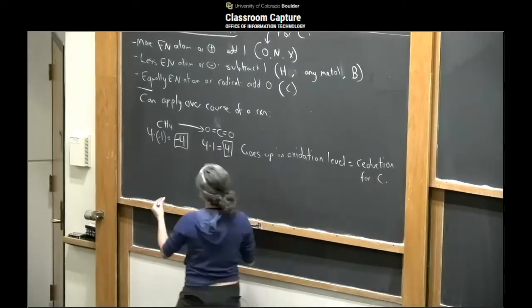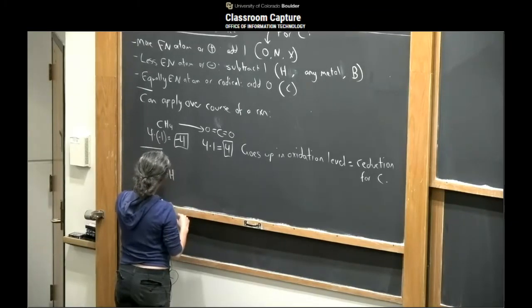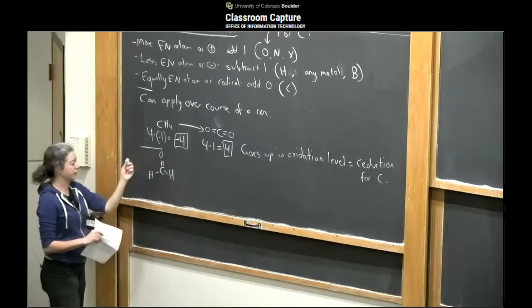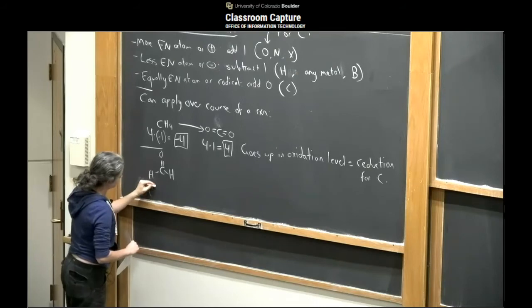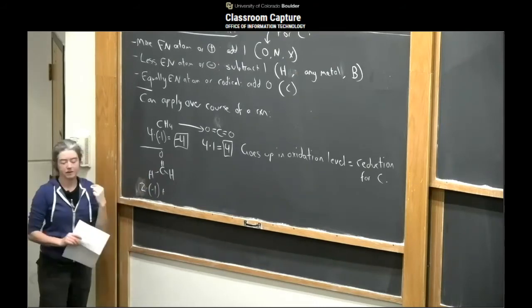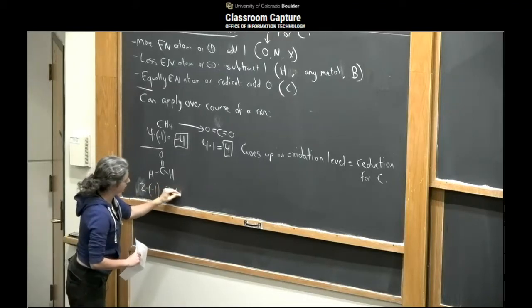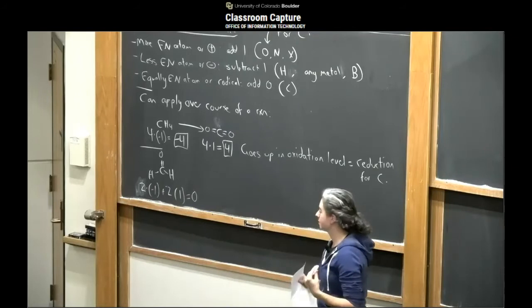Okay, so if we take this thing, it's got 2 bonds to less electronegative atoms, so 2 times -1, plus 2 bonds to a more electronegative atom, which is oxygen, 2 times +1, gives us 0 in the starting material here.